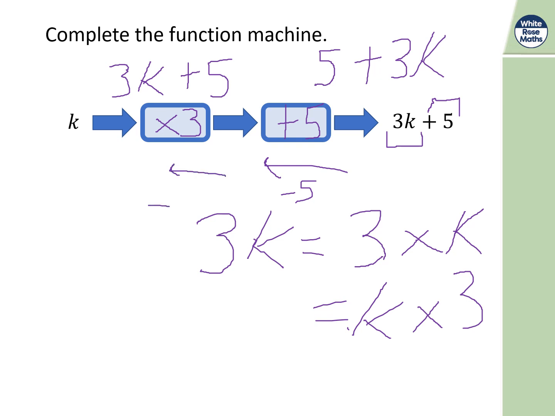From there you can work backwards using the inverse, to see what your opposite would be. So the last thing that was applied to the expression was add 5. I would subtract 5, I'd get 3k, and then I would divide by 3 to get back to k. There we go.